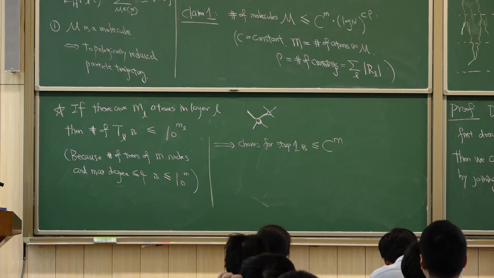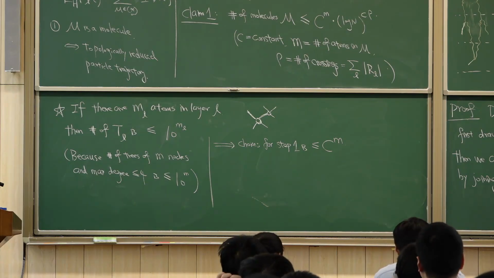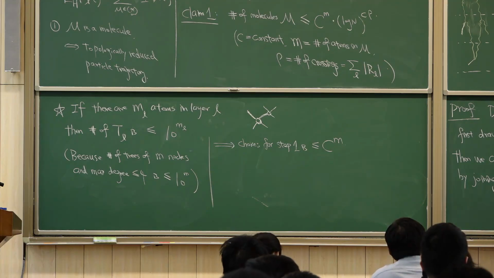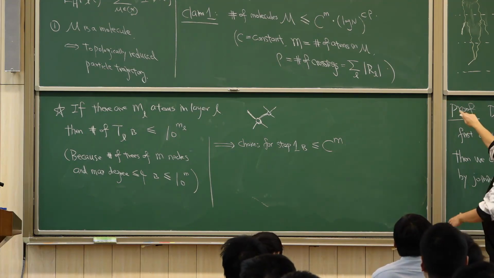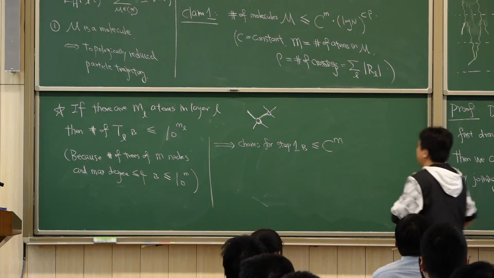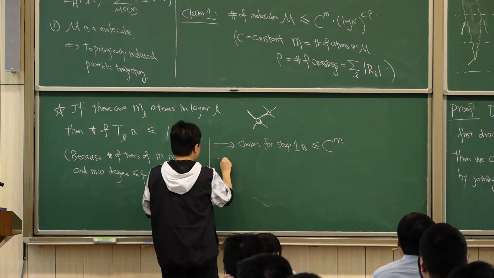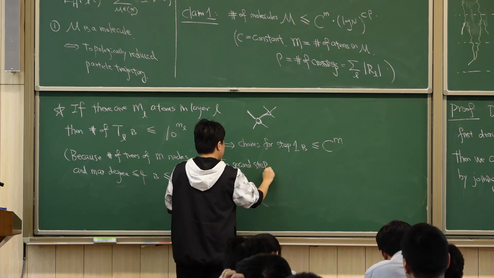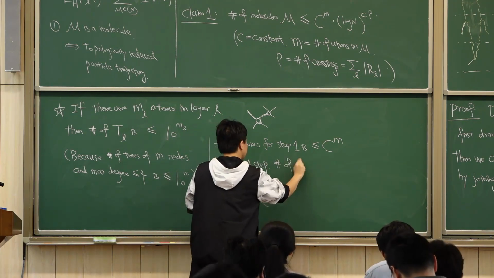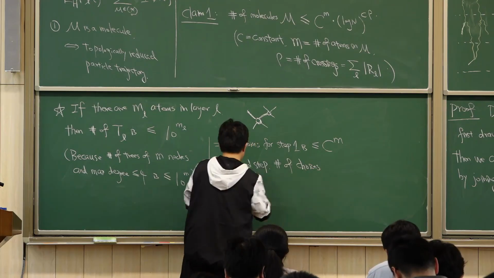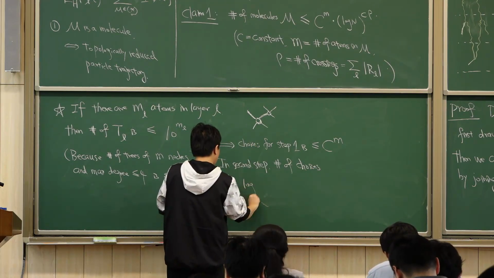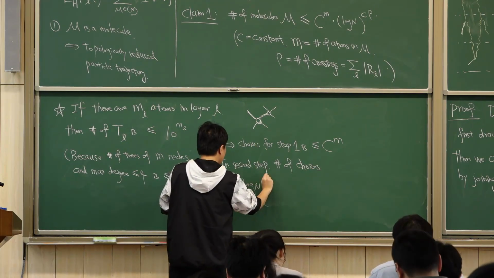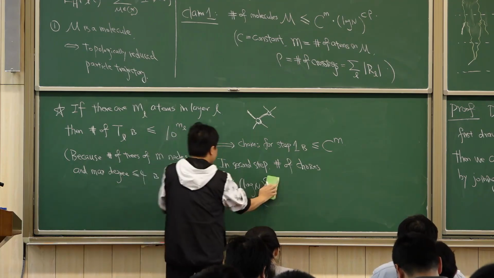You can choose arbitrary ends to join, but the total number of ends is bounded by a power of log n, because the total size is bounded by a power of log n. So in the second step, the number of choices is less than log n to the c. Okay, so let me say the product.